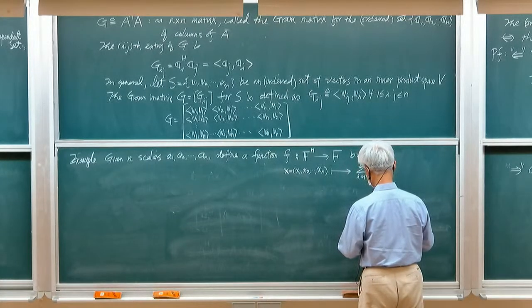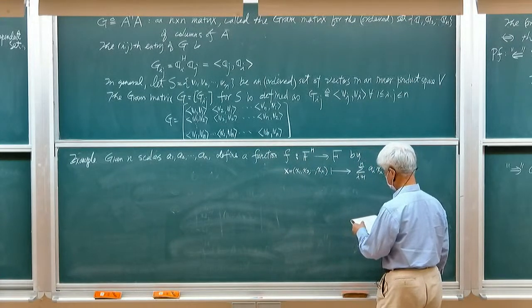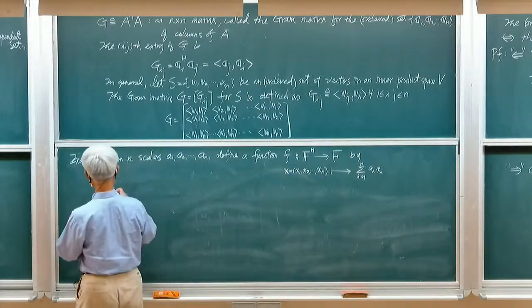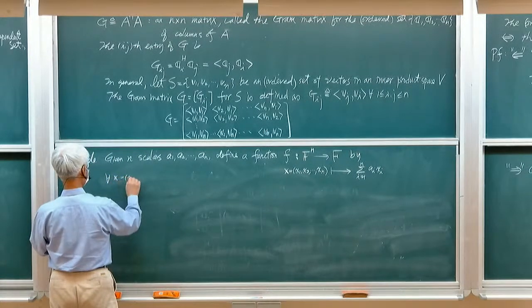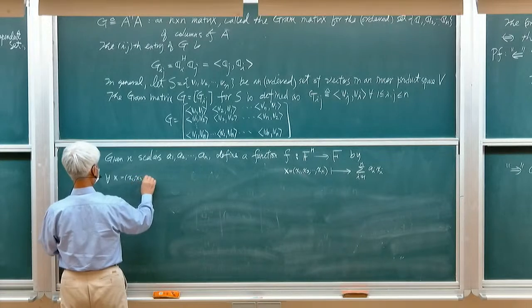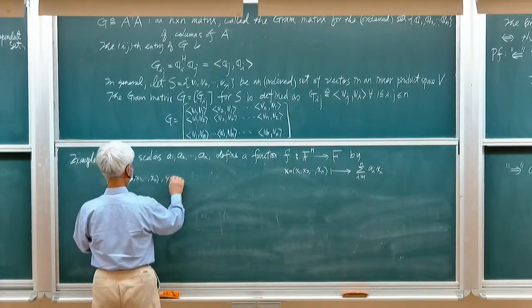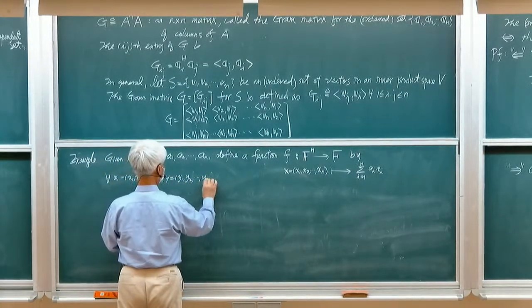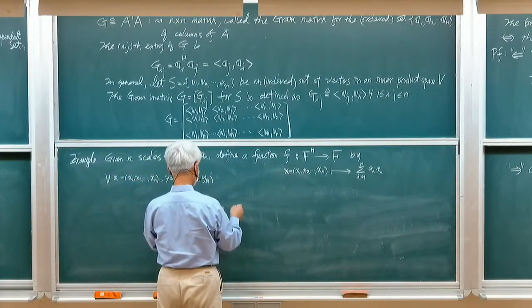Now, for all x and y in F^n and alpha, beta in F, we want to show this function is linear.